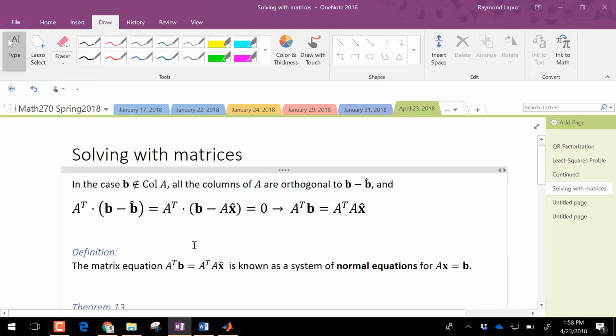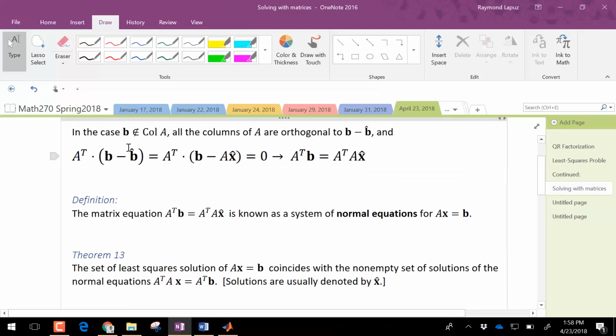So the idea is that B minus B hat, remember, is that perpendicular vector, and A transpose times it means you're dotting the column vectors.